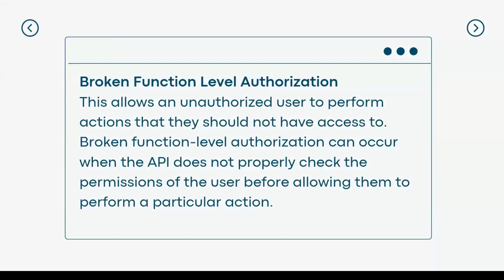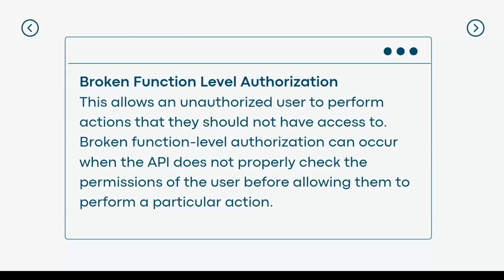But for broken function level authorization, you can access and also perform actions. Let's say you've successfully had user A access user B's information. Now, what can user A do? This is where broken function level authorization comes in.